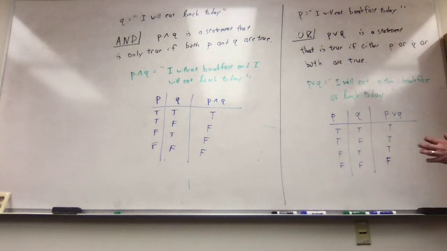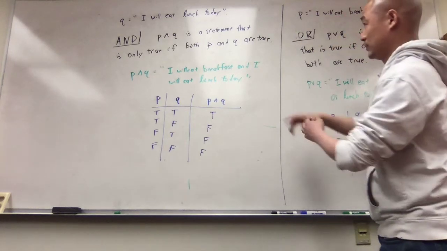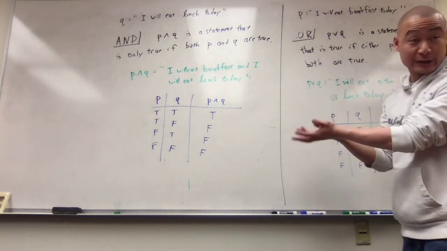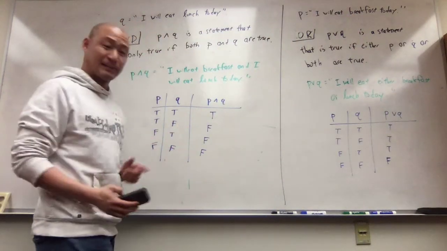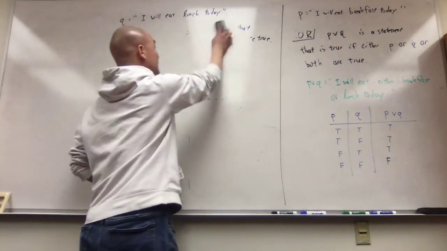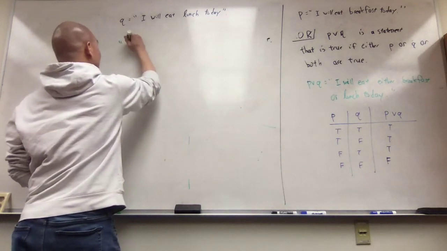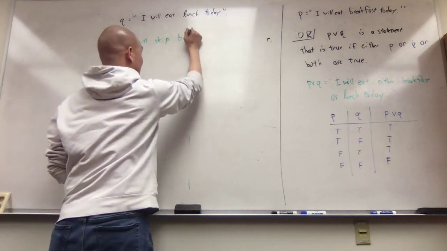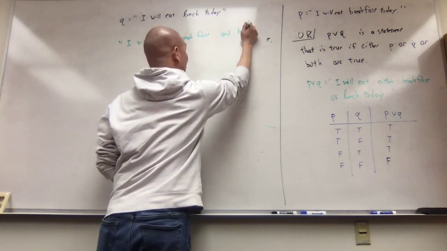So, given the statements P and Q, we can compose them with ands, we can compose them with ors, and we can also apply nots to either statement. So, let me test Byron here a little. We'll start with a statement here: "I will skip breakfast and have lunch."